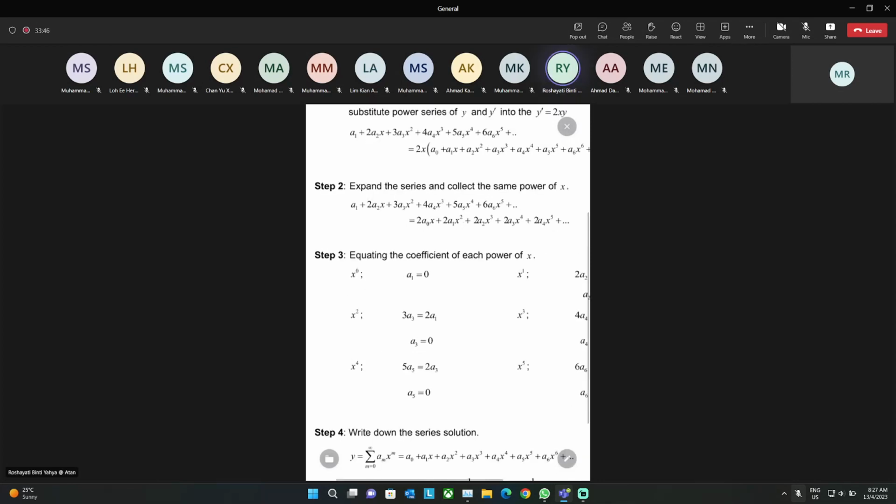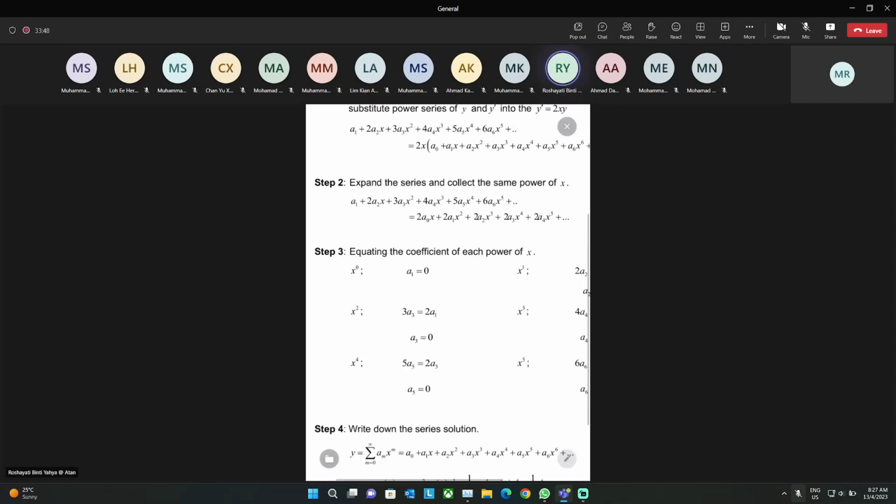So, step number 3, equating coefficients, meaning that you need to equate your left hand side and right hand side, based on the coefficient that you look for. So here, left hand side equal to right hand side. So the coefficient is based on x.